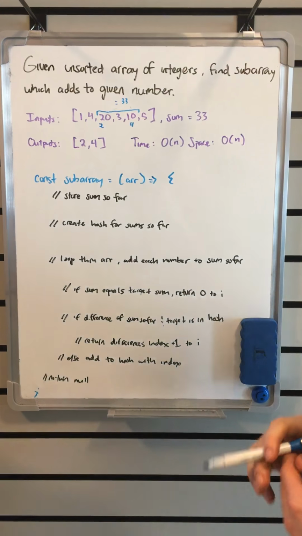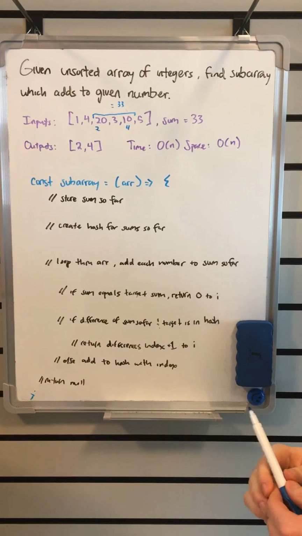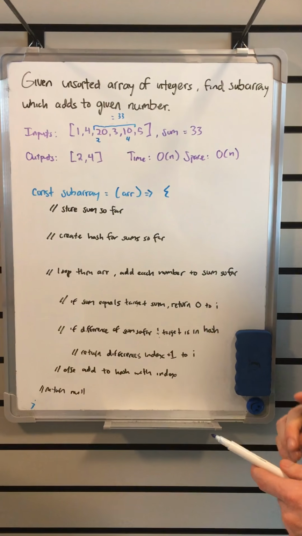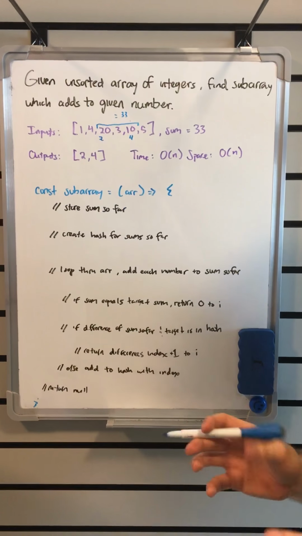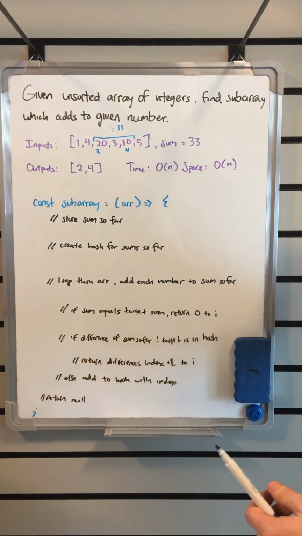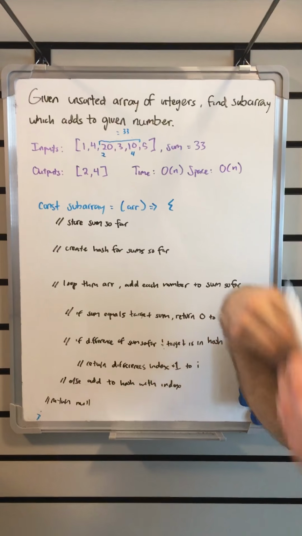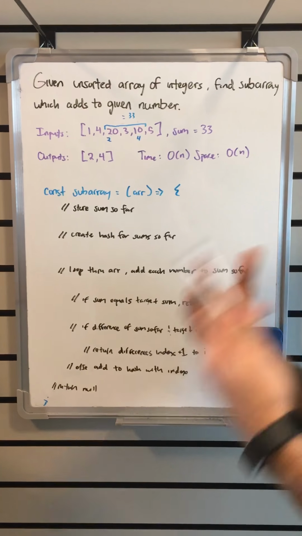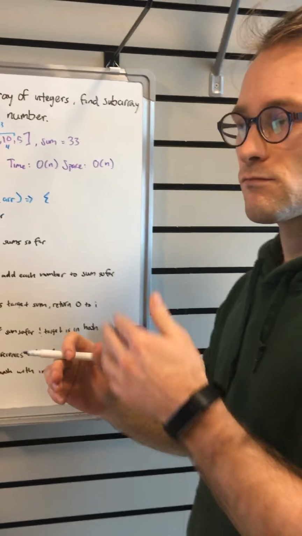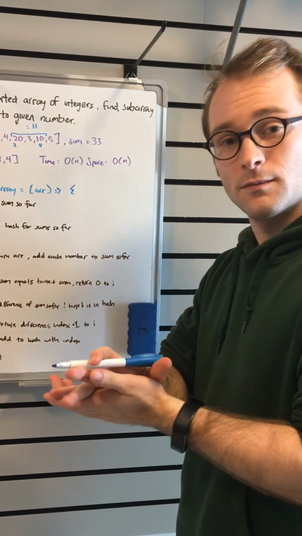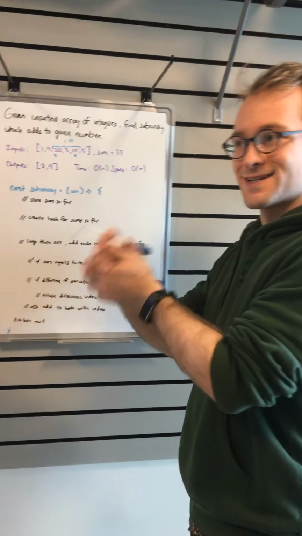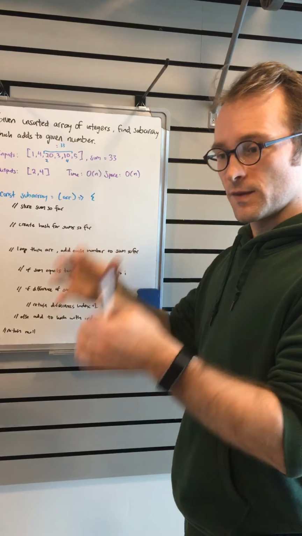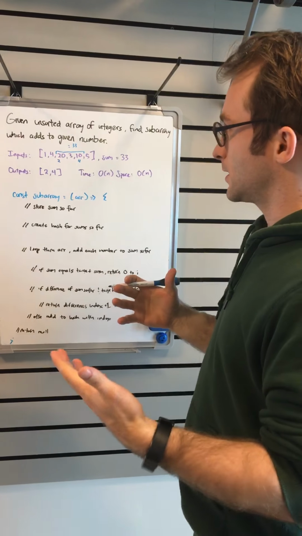This should be done in O(n) time complexity as well as O(n) space complexity, because how we're going to solve this is we're going to have a hash table, where we're going to be storing the sum so far, and we want to look up on that hash to see if the difference between our sum so far and the target exists in the hash. If it does, then we know that if we were to take that number away from the sum so far, we would get the correct answer.